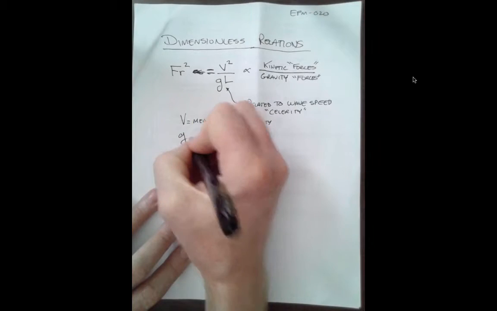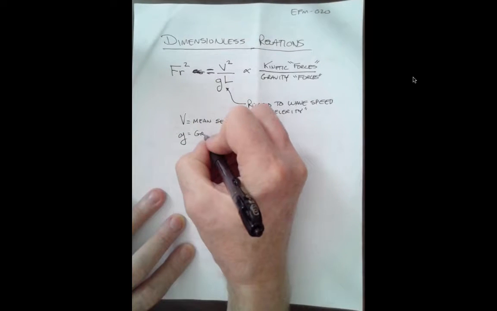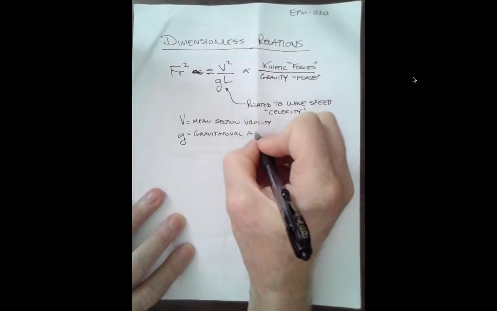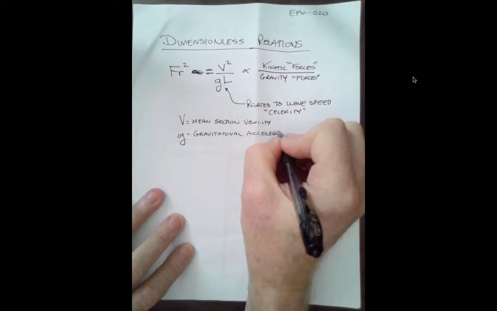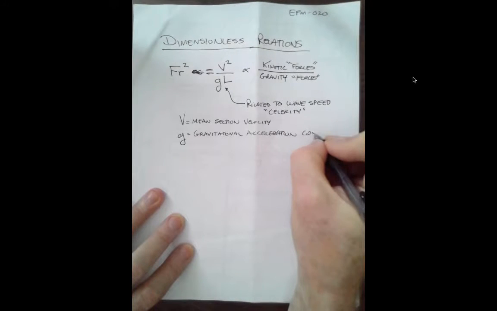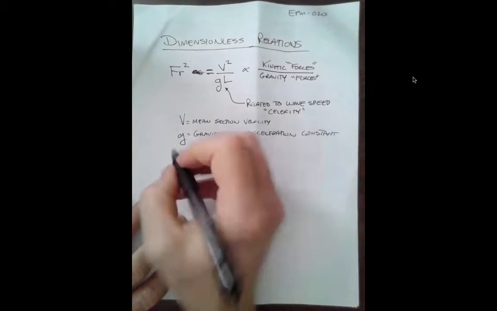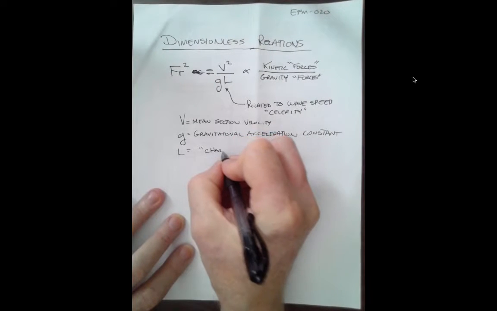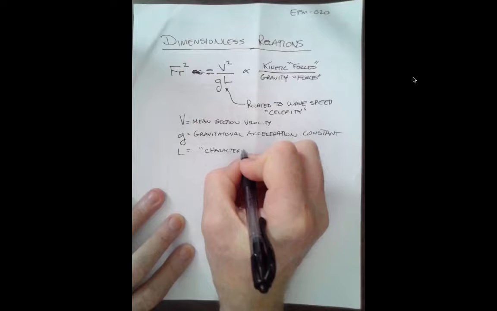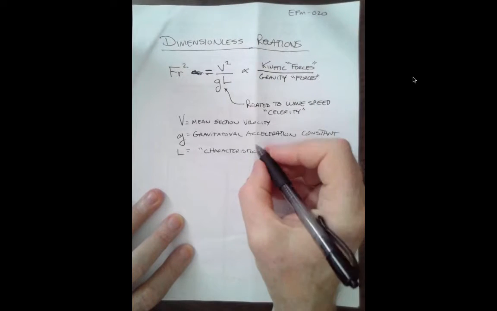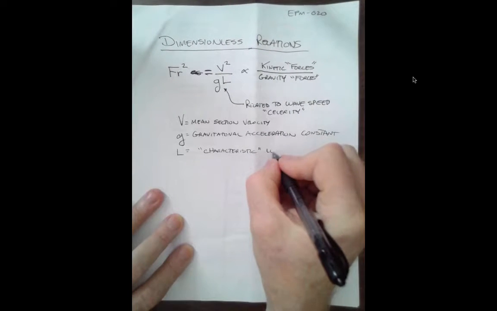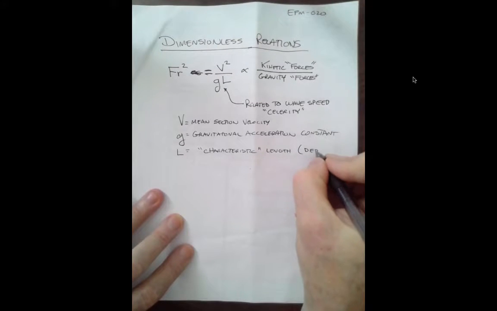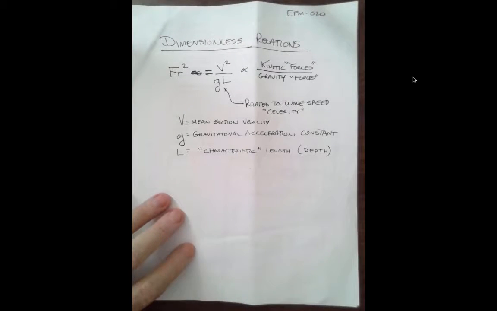And g is gravitational acceleration, and L is a characteristic length. In our work, usually the depth, but sometimes different characteristic lengths are used.